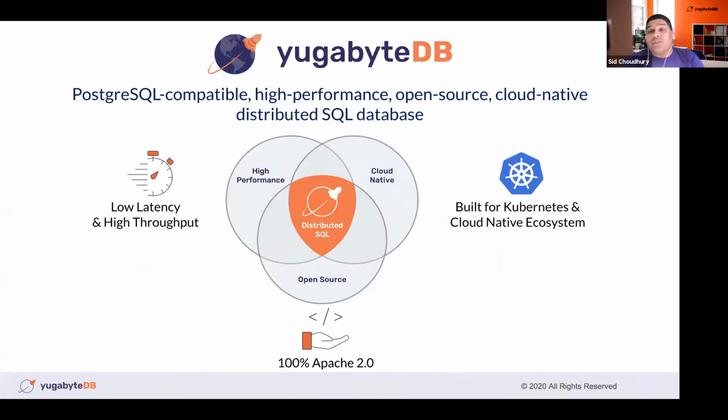Last but not the least, we are fully cloud native. We are built in the era where Kubernetes is the default IaaS substrate. As a result, we run natively inside Kubernetes as stateful sets. We offer Helm charts, we offer operators, and we integrate deeply into the cloud native ecosystem, like with Prometheus, for example, where every layer of the database exposes metrics in Prometheus format natively.